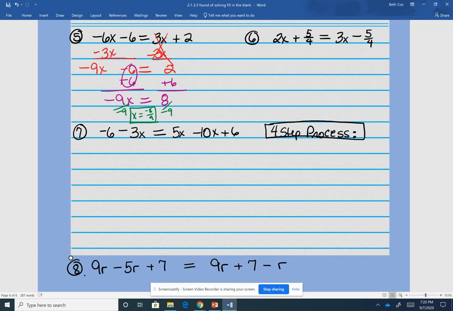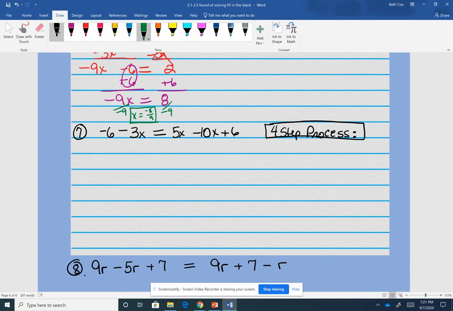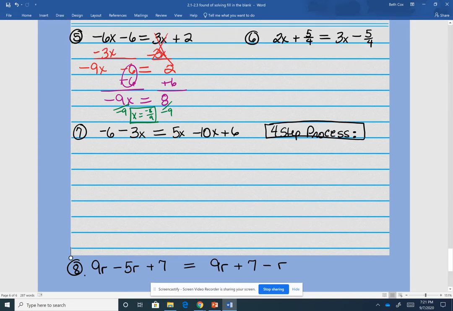I think I told you a long time ago, these fractions are not going away. You've got to learn how to deal with them. Get your calculator out if you need to, but they're not going away. So here we go. I'm going to focus again on that 3x. That's where I'm starting. I'm going to subtract 3x on both sides, just like I did before.